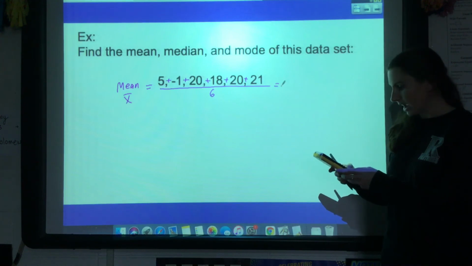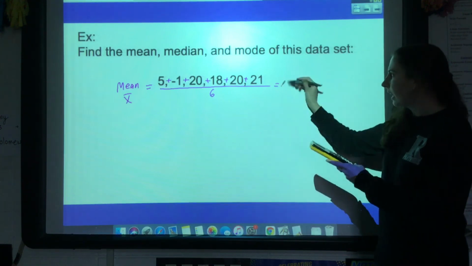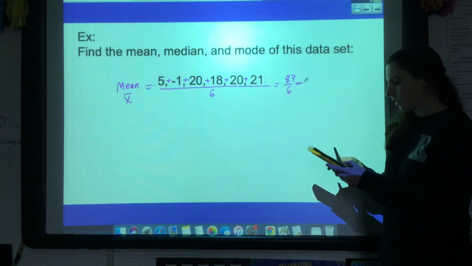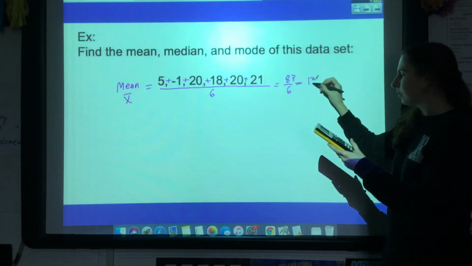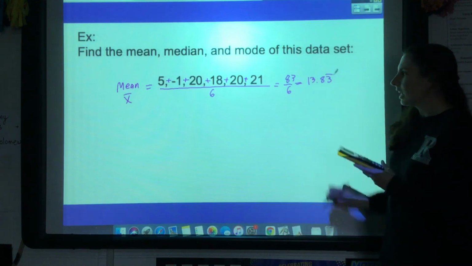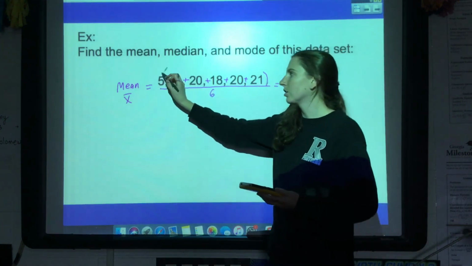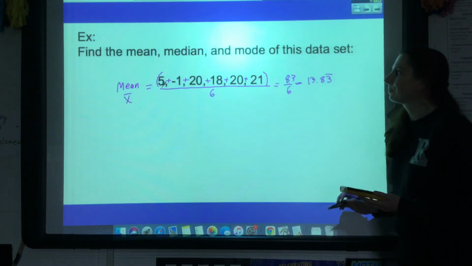So I'm going to add them all up, and you get 83, and then if you divide that by 6, you get 13.83 repeating. If you're going to put it all in the calculator at the same time, just make sure you put parentheses around that part.